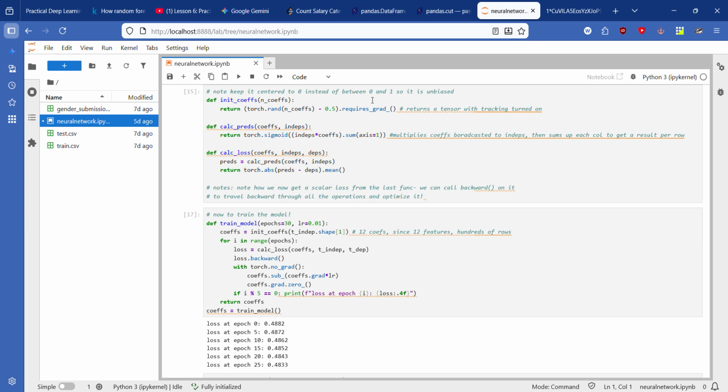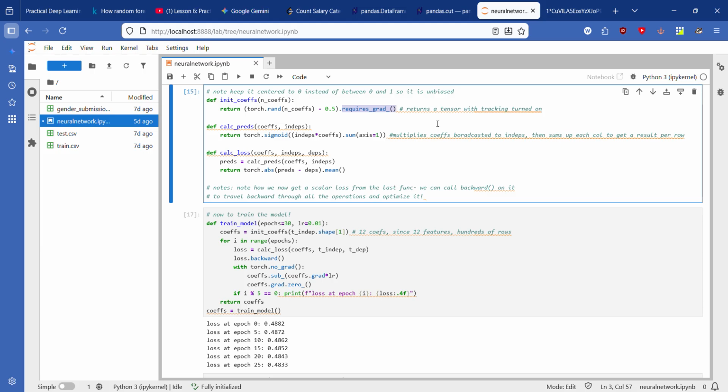I explained why it's important to center around 0 in my other video, so I'm not going to go into detail, but it's to make the model as neutral as possible when it's first initialized with its coefficients. And then requires grad is requiring the gradient.